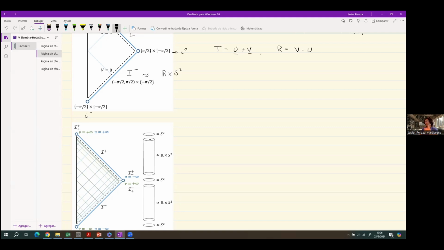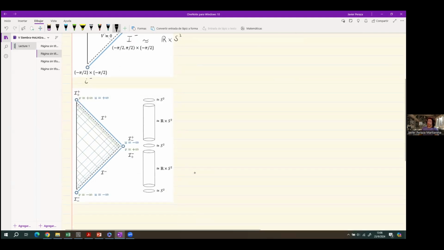That's a whole story by itself, and it's interesting. In our case, we are just considering these points as spheres. Then the same goes for scri minus. The thing here is that we have to take the coordinate v as the parameterization. So that's going to be about Minkowski compactification.